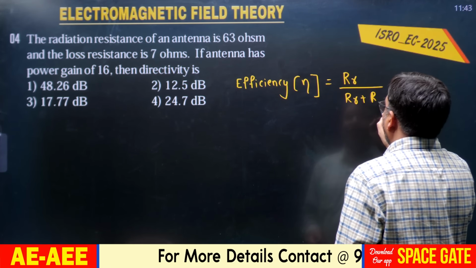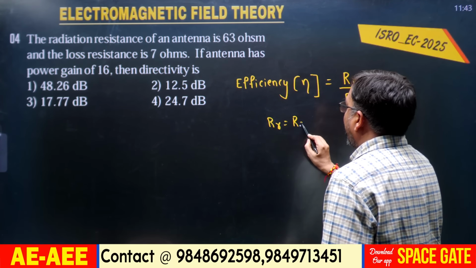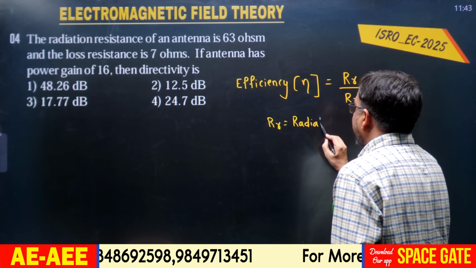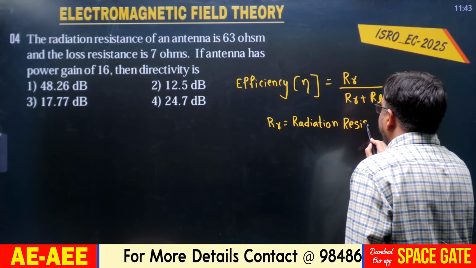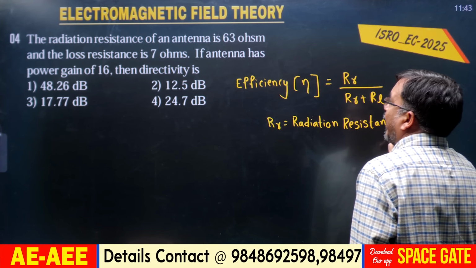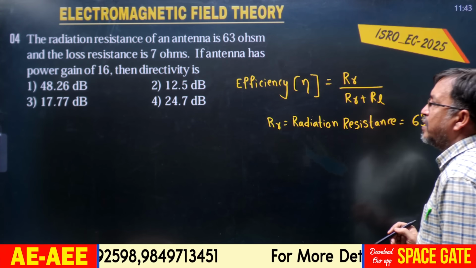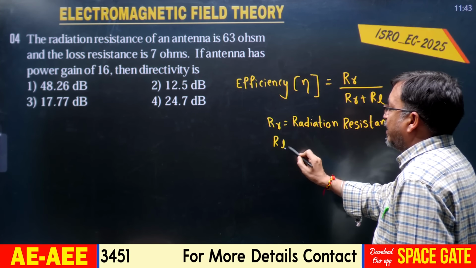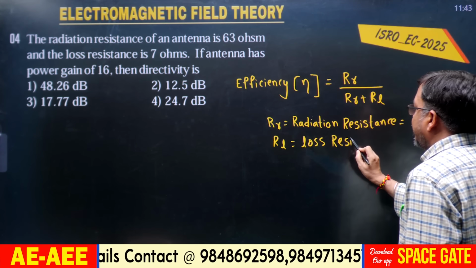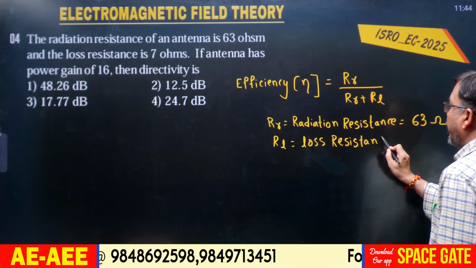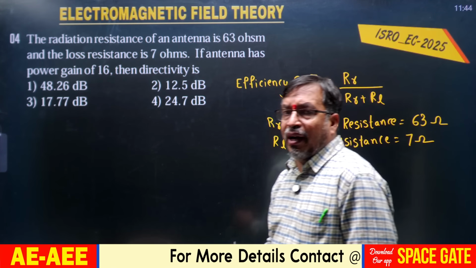RR is the radiation resistance, given as 63 ohms, and RL is the loss resistance, given as 7 ohms.